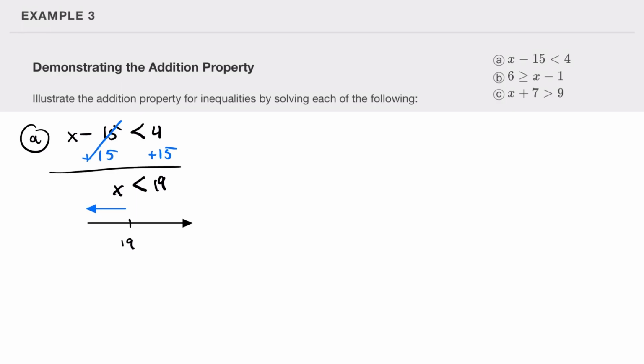Because it can't be equal to 19, we use a parenthesis, which means we get really close to 19 but don't actually reach it. In interval notation, the far left is negative infinity up to 19. Infinity always gets a parenthesis, and because we don't include 19, we use a parenthesis.